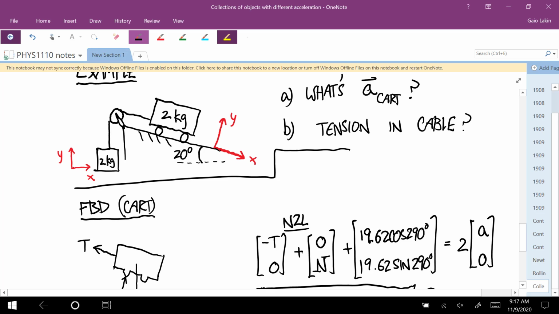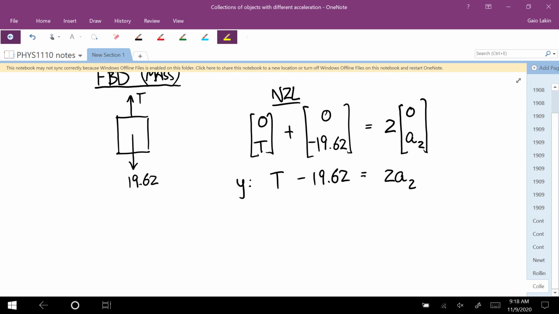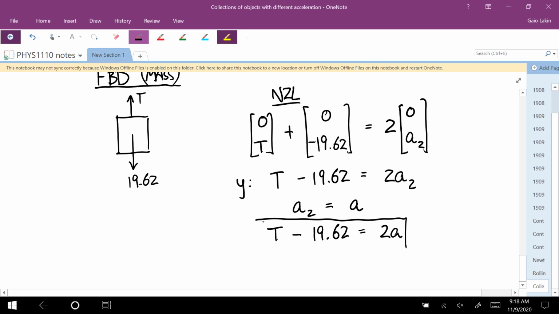In this example problem, one positive means the other one is also positive, even though we're dealing with the x and y axes. So that tells us that A2 is equal to positive A. And so that substitution just says T minus 19.62 is equal to 2A. And there's my second starred equation.